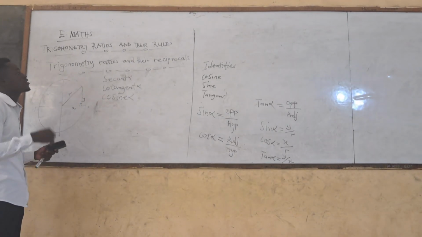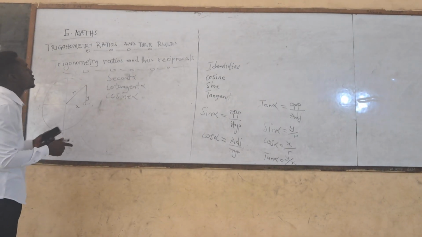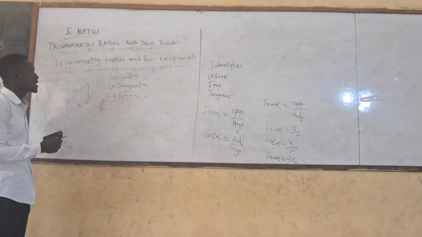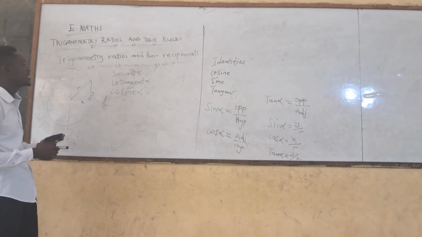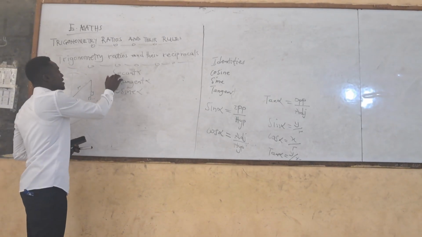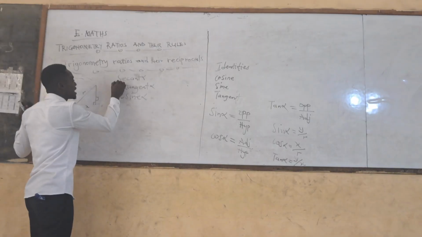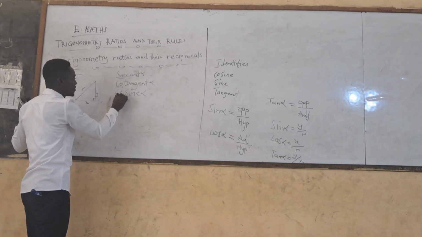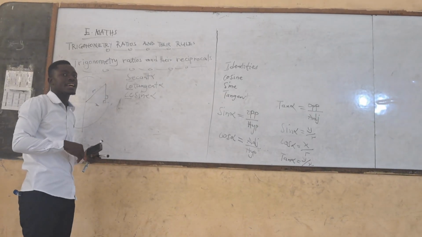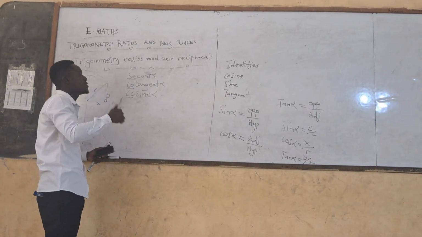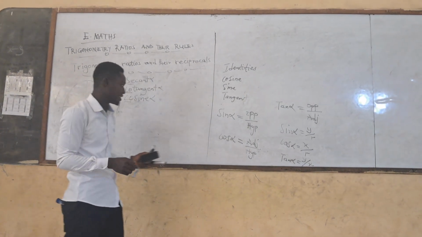Now we are going to look at how to use the ratios for these three too. In doing this, always analyze the first two letters. You take these words, and the letters after the first two tell you which basic identity it is the reciprocal of.